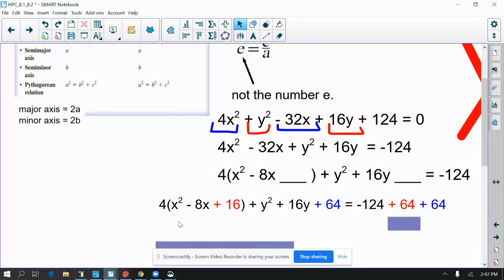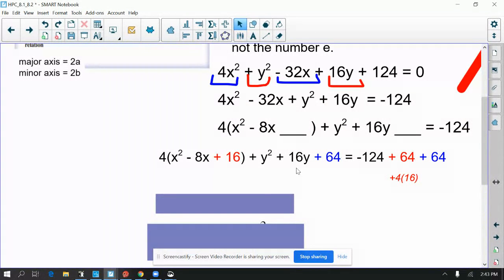Everything in the parentheses is being multiplied by 4. So when I write down 16 here, what I actually added was 4 16s. And 4 times 16 is 64. If I put down a 3 here, first of all, that would be disastrous because that doesn't complete the square. But just for thinking about this, if I put down a 3, I actually added 12 to the left side because whatever's in the parentheses is being multiplied by 4.